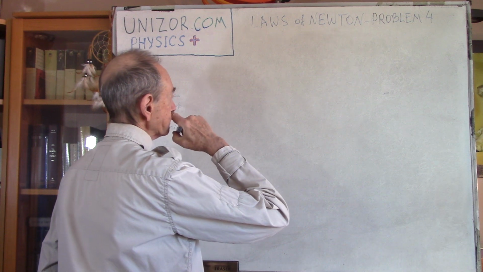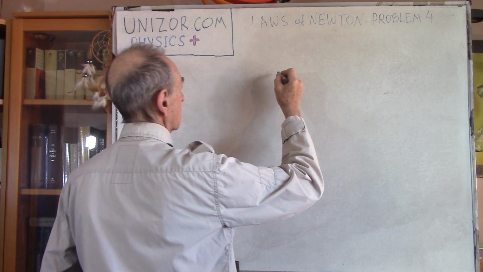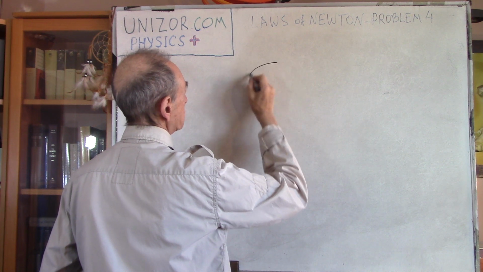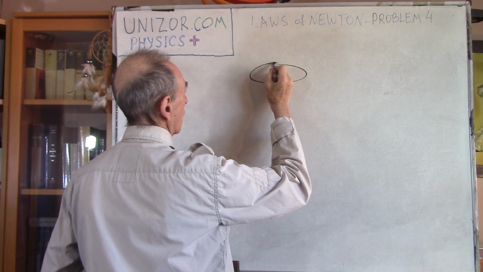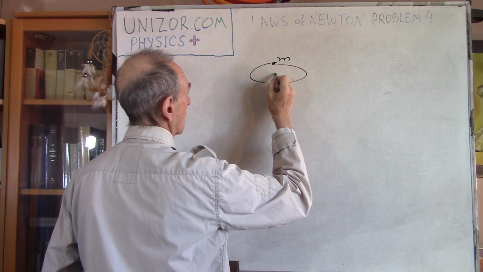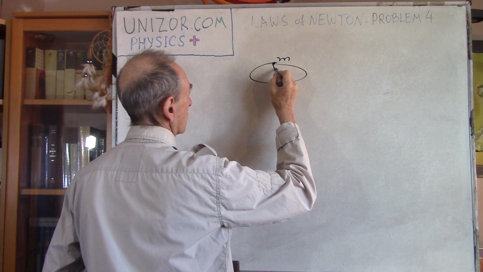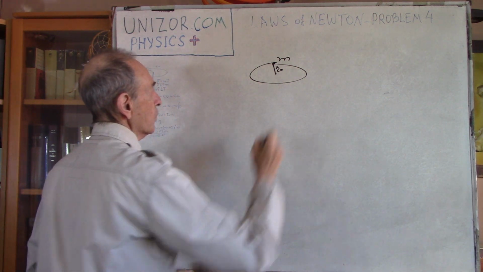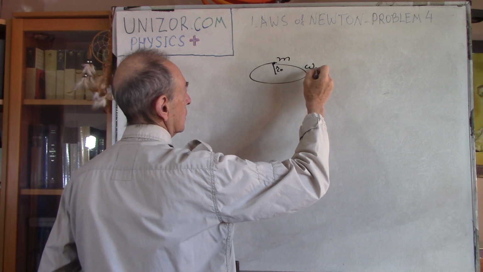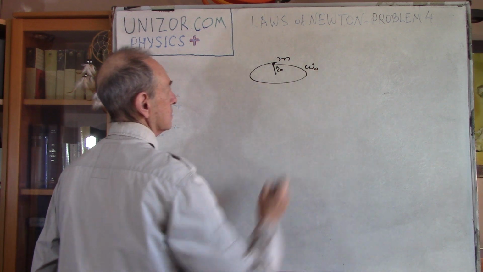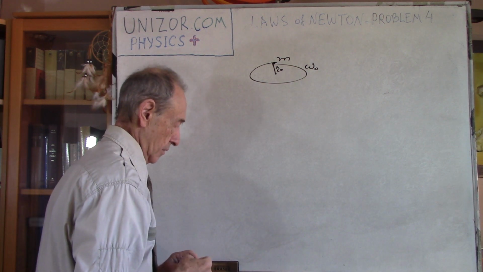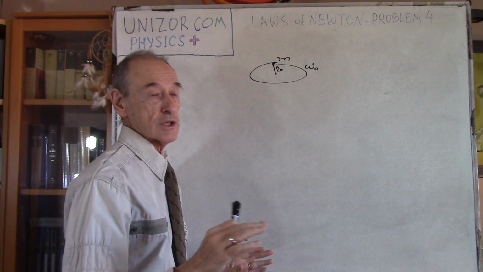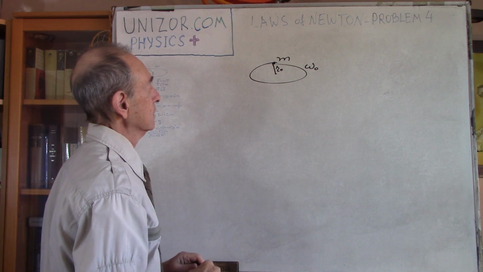Consider you have a plane, and within this plane there is an object of mass m rotating on radius r0 with angular speed omega 0. So this is the rotation within the plane.